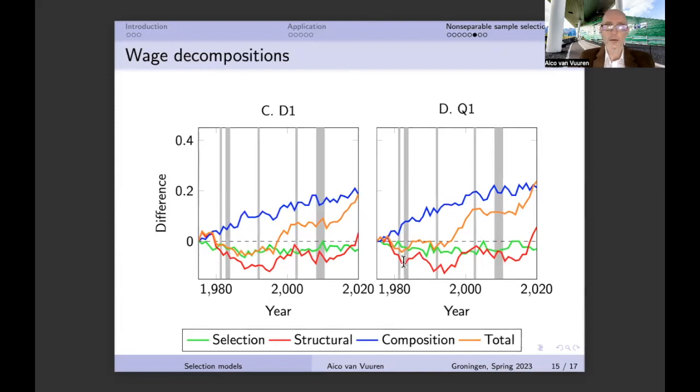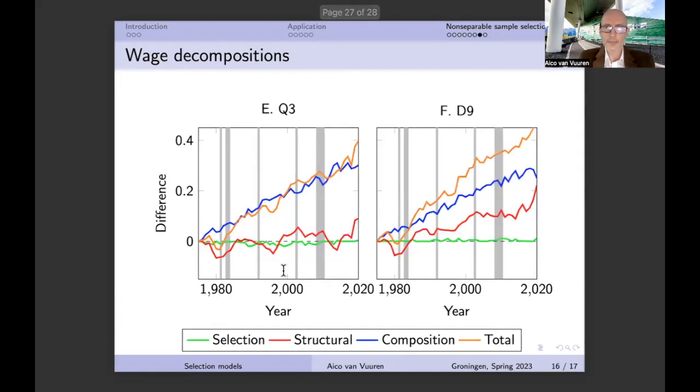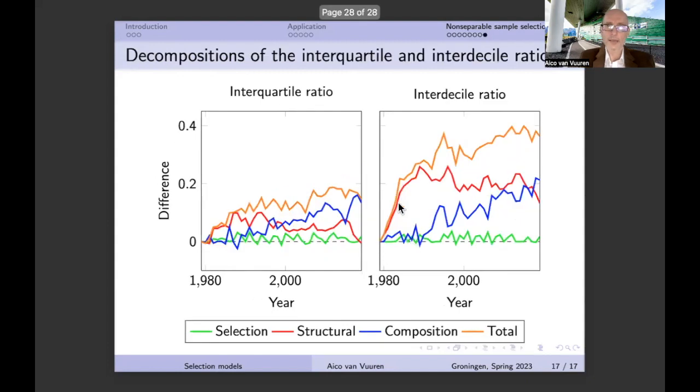So I'm sorry, D1 that we have over here, of course. So that means that we can expect that the structure effect can explain a lot of the change in the interdecile ratio.